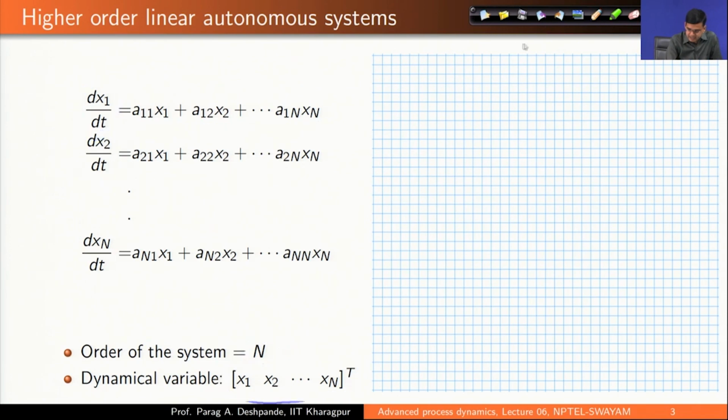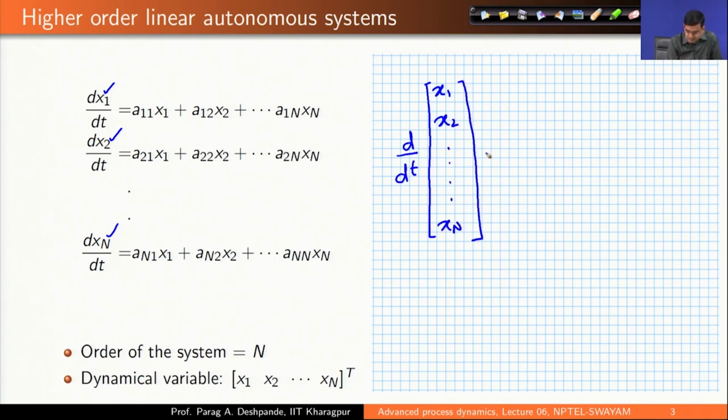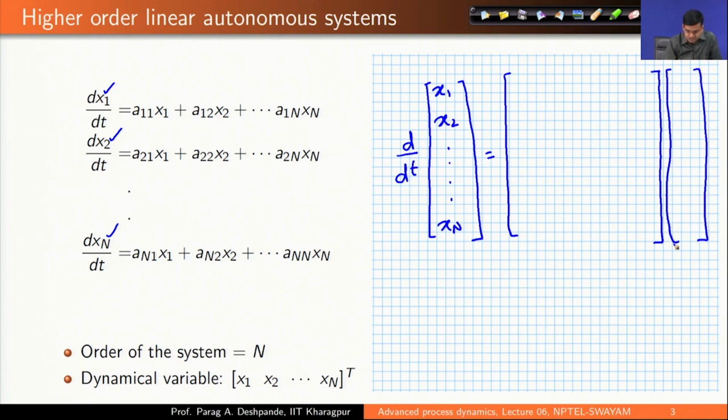I can write this as d by dt, and I will consider all these components of the dynamical vector. So, I can write this as x1, x2 up to xn, and this would be equal to a matrix multiplied by the original dynamical variable. So, x1, x2, xn.